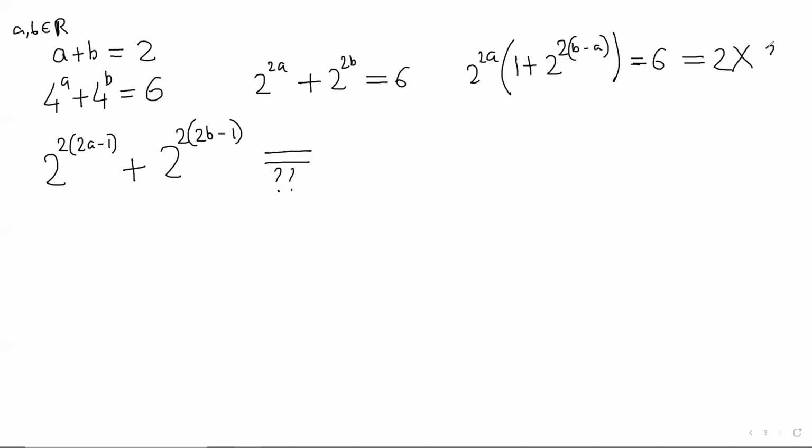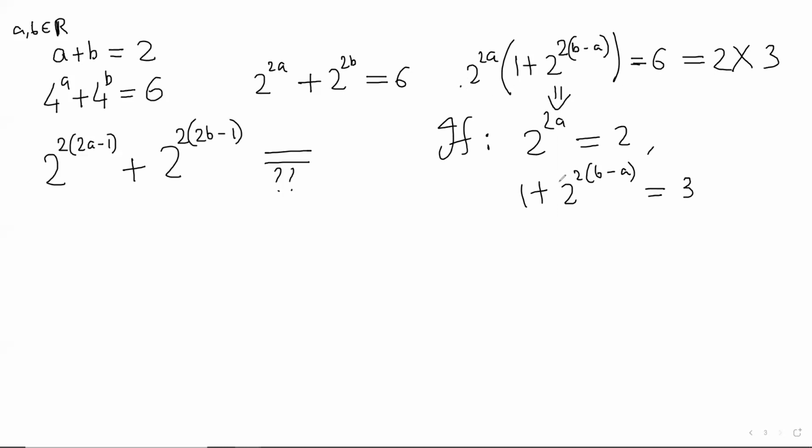That doesn't mean that this has to be 2 into 3. Anyways, let's see. I mean, if 2 raised to 2a is 2 and this is 3, then I had found the values for a and b, but when I put them in the equations, they were not matching. They don't match any of the options. Yes, there are options, but it's not matching. And the reason is, why should this imply that this is the situation?